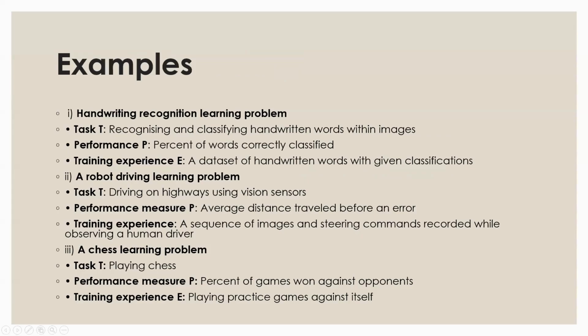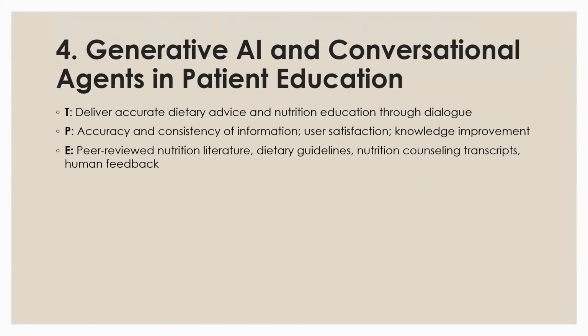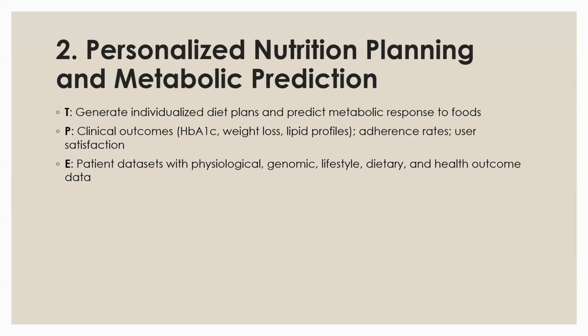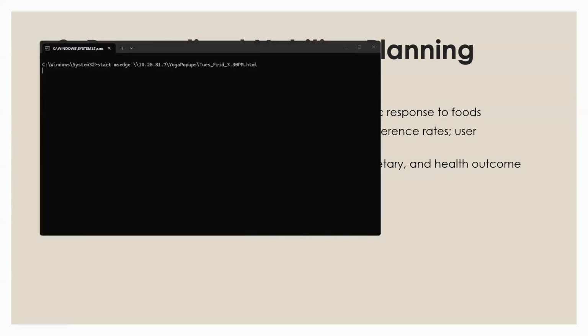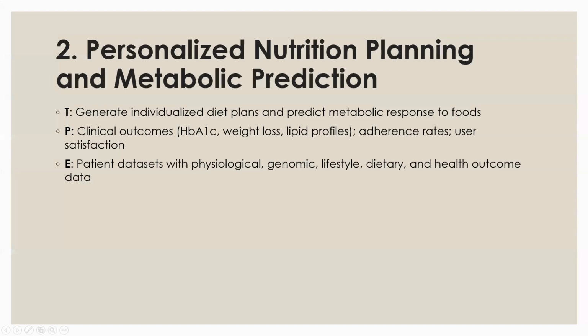Okay, so basically, for example, what we were just doing: the task is the task that is given, the question to that AI system. And the experience is how it will train itself. What experience will the AI go through to train itself?